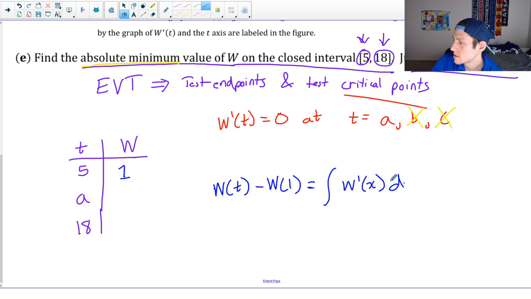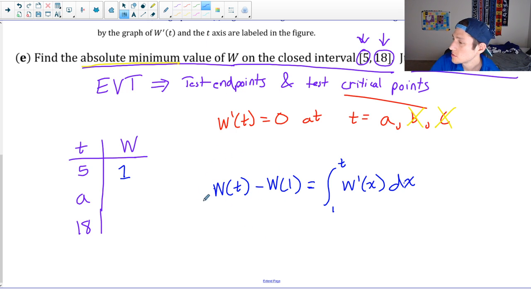Let's just say x, not t, dx, from 1 to t, right? The upper bound minus the lower bound, so 1 to t.